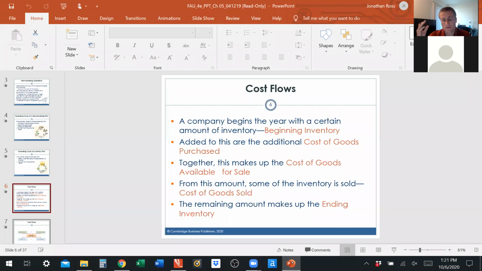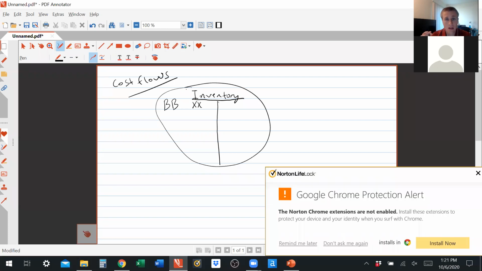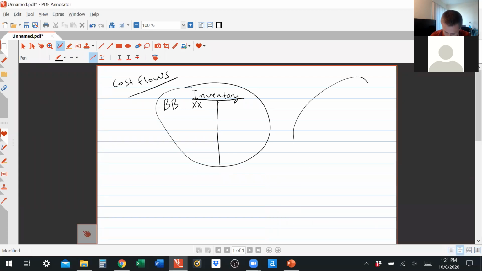So all right, this is our inventory T account, right? This keeps track of the dollar value of our actual physical inventory. And then we have our actual physical storeroom where our inventory is, right? A lot of students get these two mixed up. This is the storeroom where say we're a bike retailer. We buy bikes from a wholesaler.